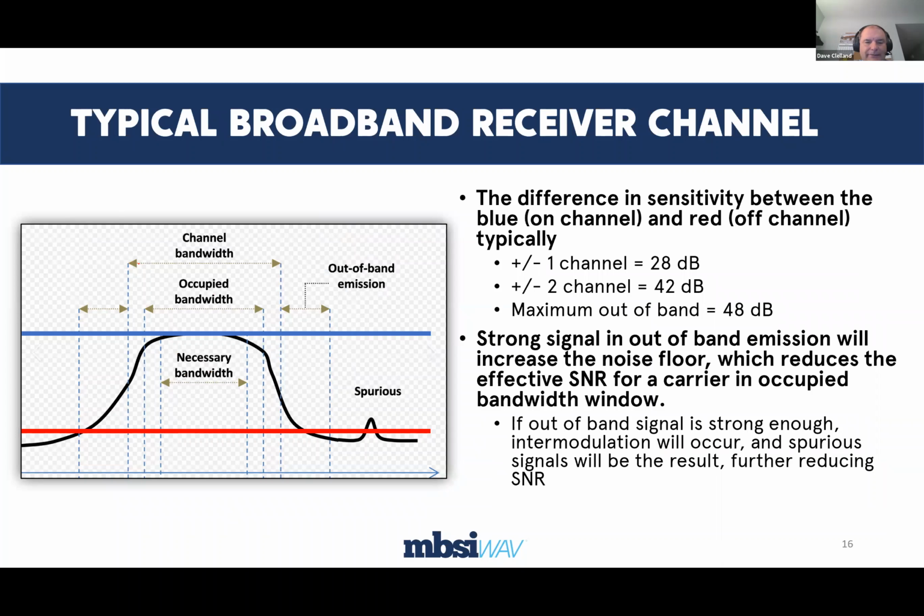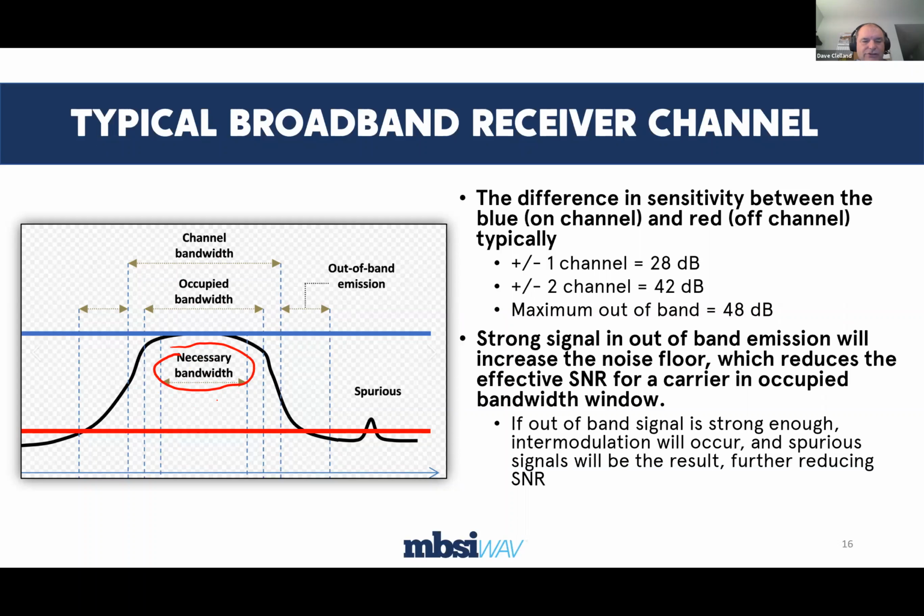We have our definition of the channel by the manufacturer of the equipment, or by the FCC or Industry Canada, or whoever the regulating body is. It says the channel has to be this wide. The manufacturer of the equipment, in order to pass the traffic that he needs, the necessary bandwidth is what's important.